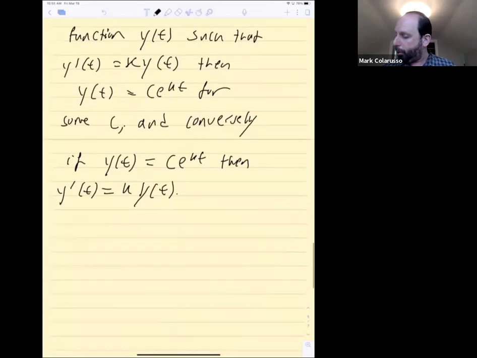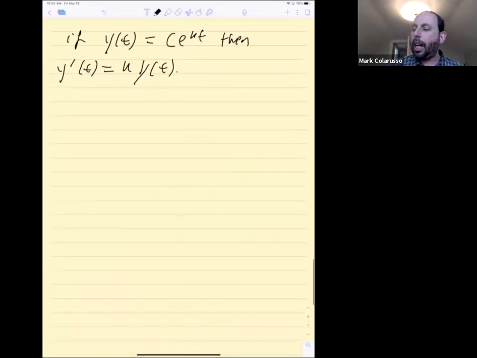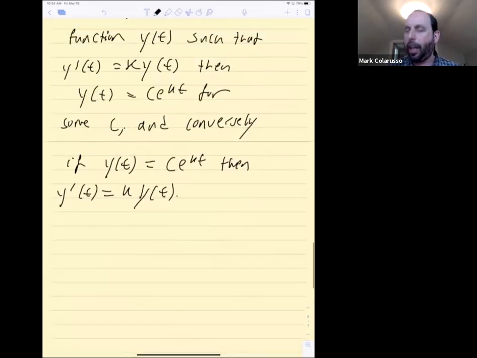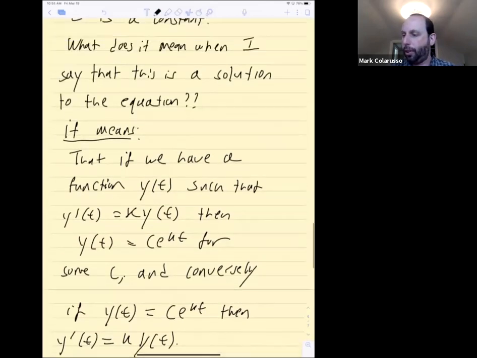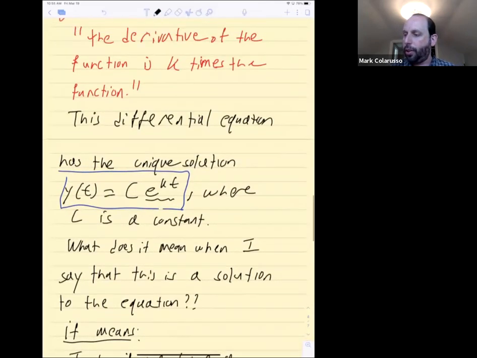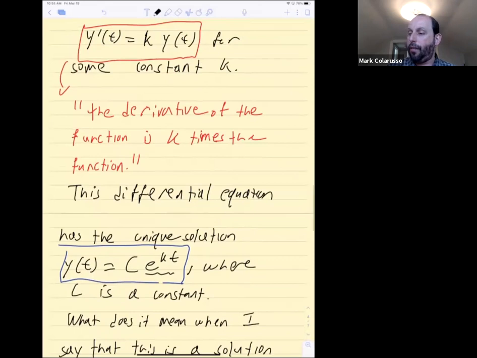Okay, so sorry about that. So we can actually check this statement. I can't show you that if a function satisfies this equation, it has to be of this form. That requires a lot more tricky math that you don't do until differential equations, which is the fourth thing in the normal calculus sequence.